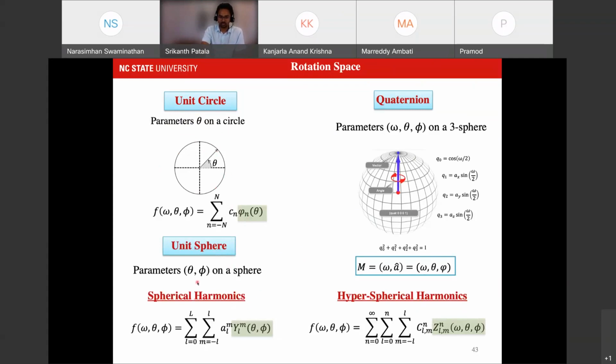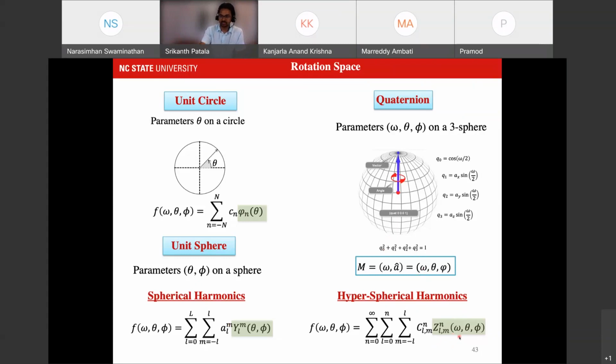If I have two parameters, let's say for a unit vector, one can use spherical harmonics, which are basis functions used to build functions on a sphere. For crystal orientations, these are basically rotations, which can be parameterized using what are called quaternions. I won't go into the details here, but the main point is we can use basis functions called hyperspherical harmonics, which are basically extensions of Fourier series to 4 dimensions.